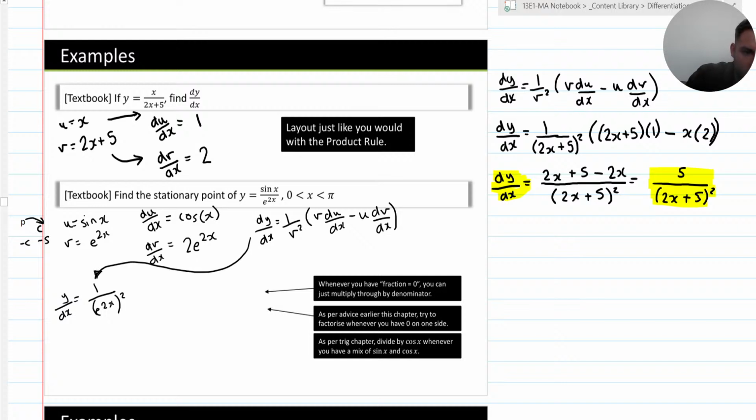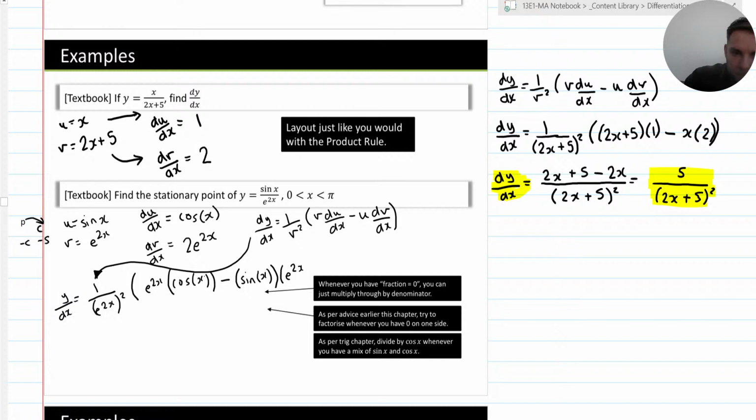So I've subbed in, let's just show what's going to be over here. So 1 over v squared, which is this e to the 2x all squared, times by v, which is e to the 2x, times by du by dx, which is that cos x, like so, minus u, which is the sine x.